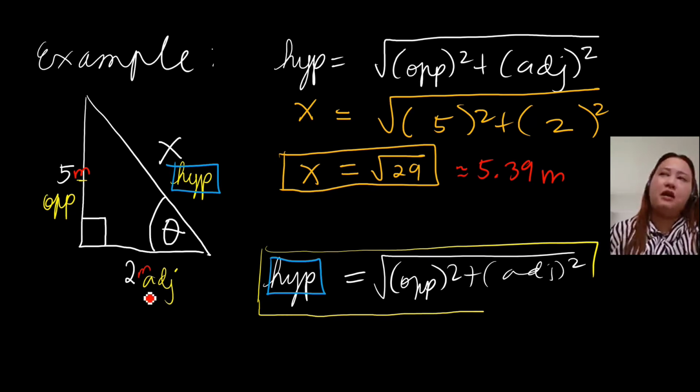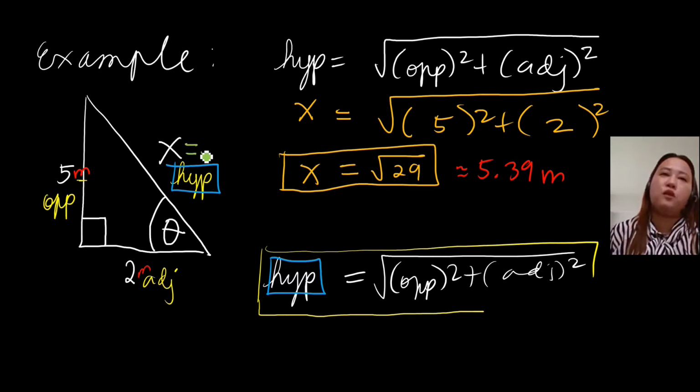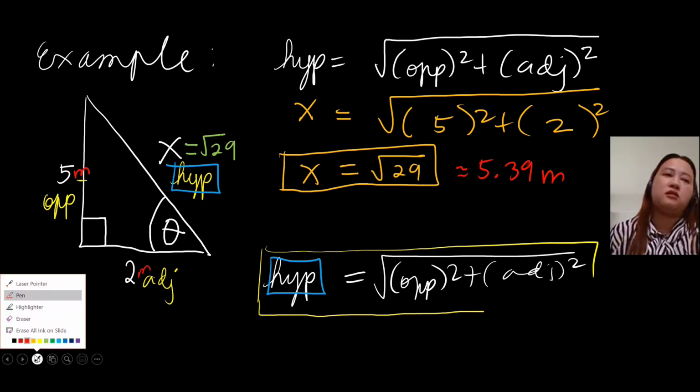So let us now have the trigonometric functions, with the same given. Since we're able to solve for x, which is square root of 29, I'll remove the other writings.